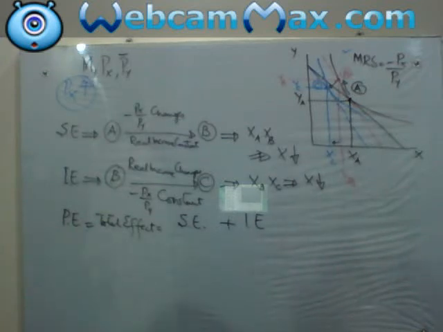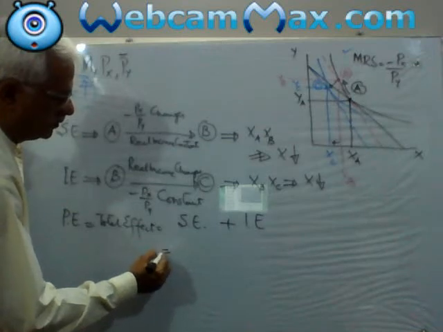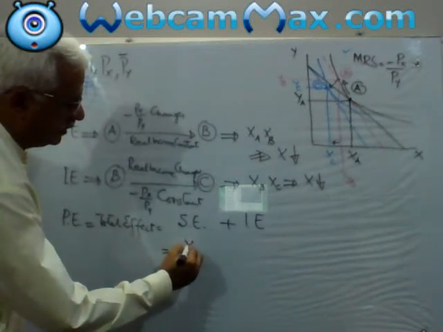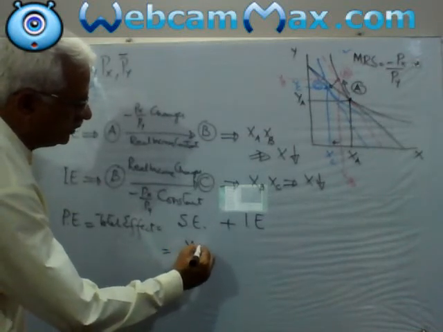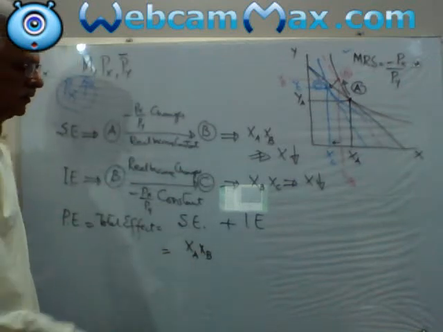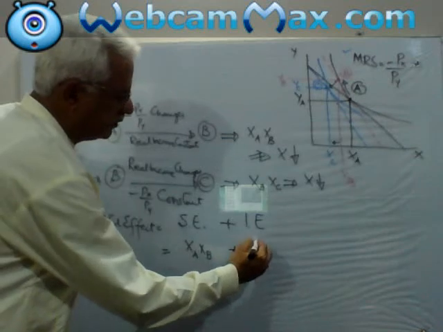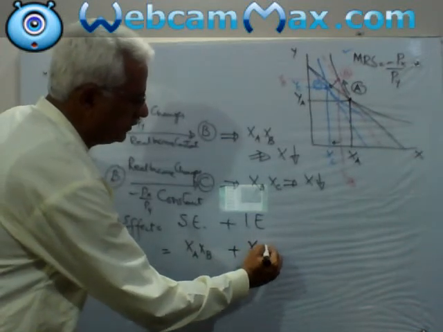The substitution effect, in this case, is XA to XB, and the income effect is XB to XC.